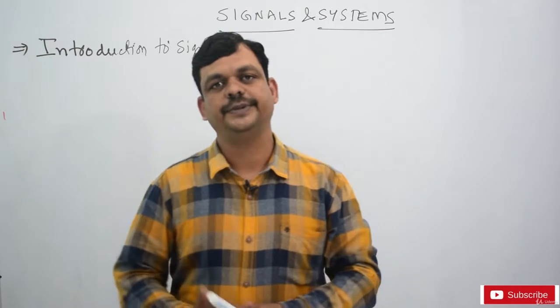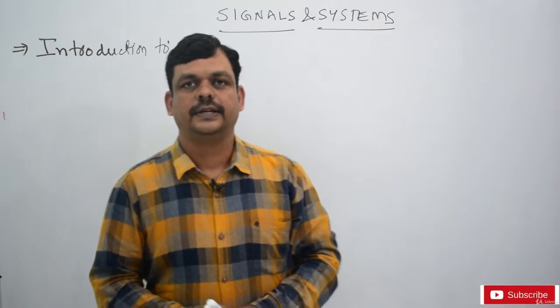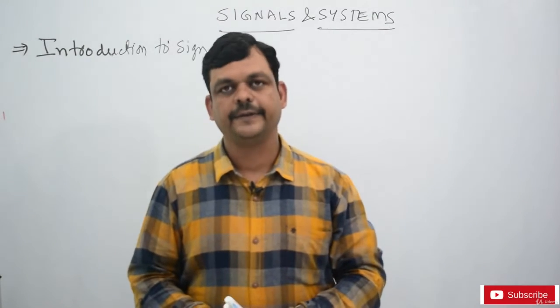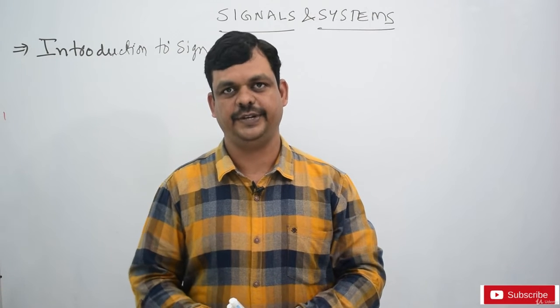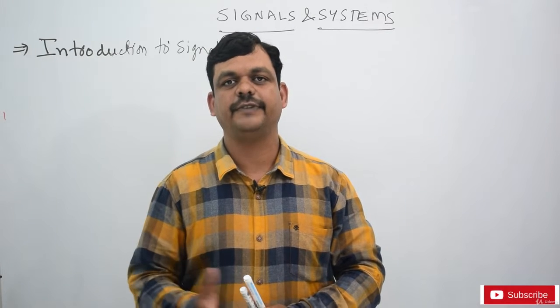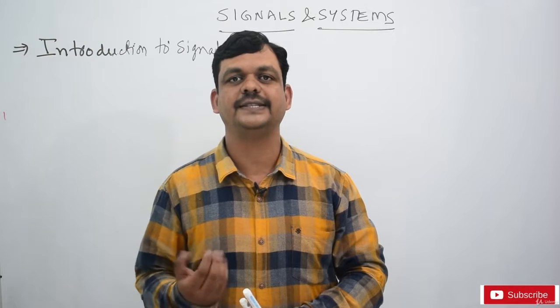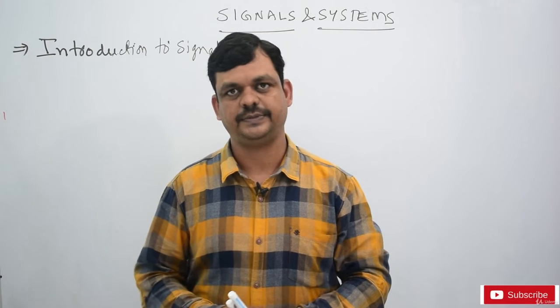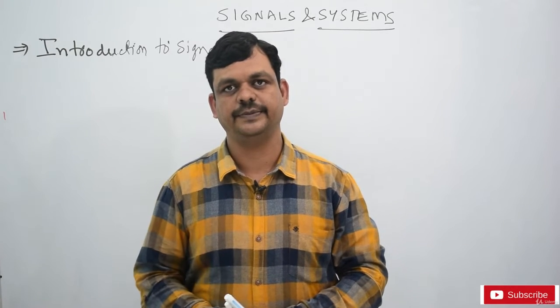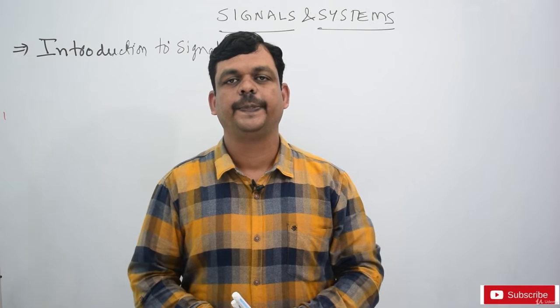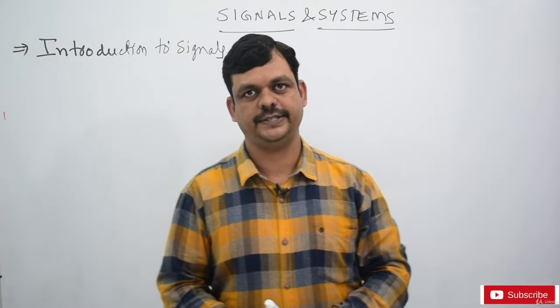First we'll go through the definition. The definition of signal is which conveys the information, or which passes the message to the others. This is a general definition. Like one example, traffic signals.